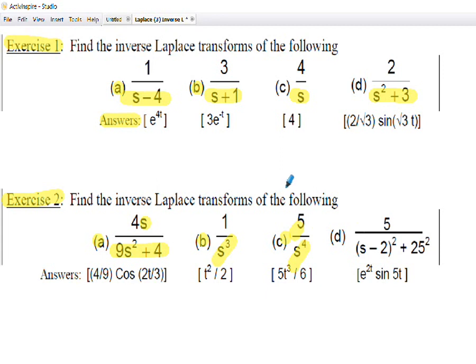Part D, this is a slightly different format here. I would suggest we're looking at something that has the s minus a all squared plus an omega squared type of function here. I'll let you have a look in detail of those, but those would be the kind of things that I would be considering in each of those functions.